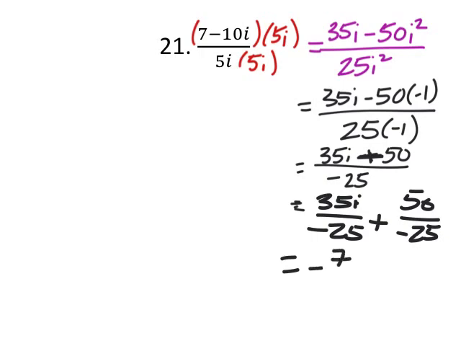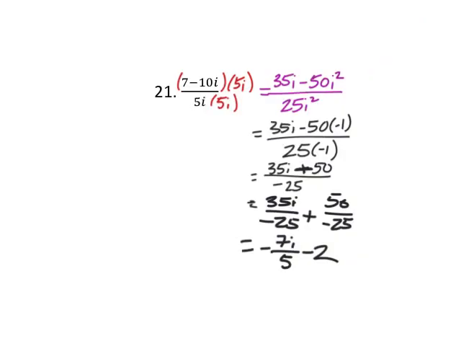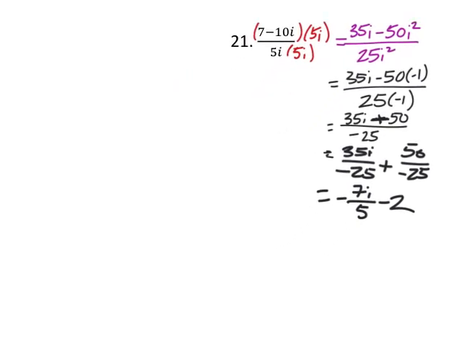That'd be negative 7i fifths minus 2. But this is just in kind of a reversed form. The final answer would be negative 2 minus 7i fifths. And it doesn't matter, you can put the i on the side if you want. It's not going to matter. So a plus bi.